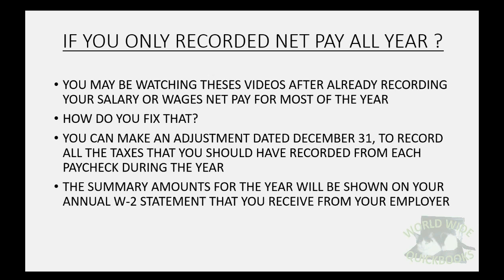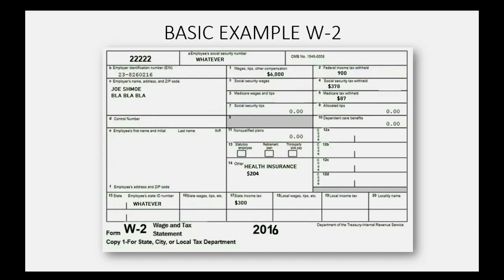The summary amounts for all year long for all your taxes will be shown on your annual W-2 statement that you receive from your employer after year end. So here's a basic example of a W-2, and I put in the numbers that we're working with in this course.